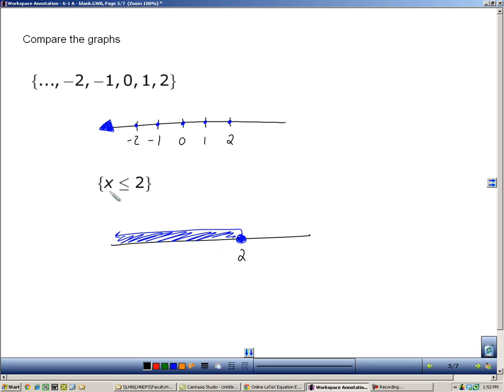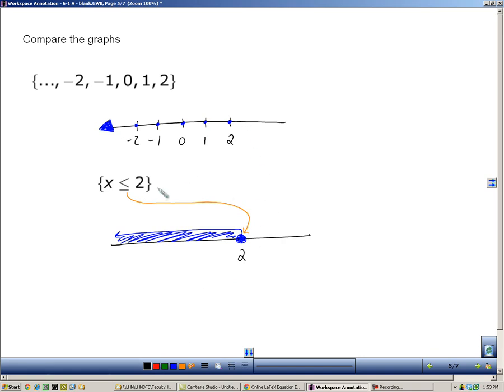But down here it just says x is less than or equal to 2, which means I can include any number like 1 or 0.6 or negative 1.3 or anything in between any of the integers. The last thing I want to talk about is this filled in circle. Because it's less than or equal to, I filled the circle in. The equal to part means that the circle is going to be filled in. If it just said less than, then I would have made this an open circle. So you see the contrast in the two ways of graphing.